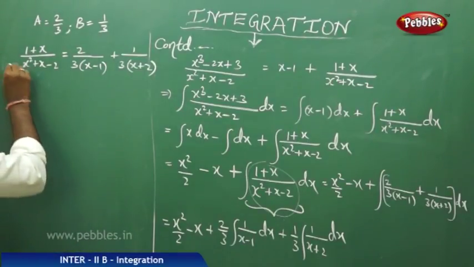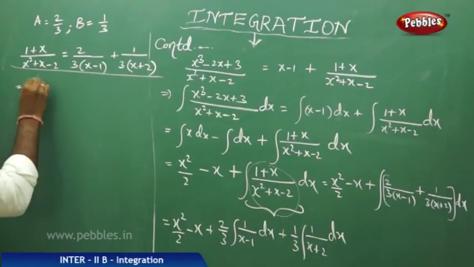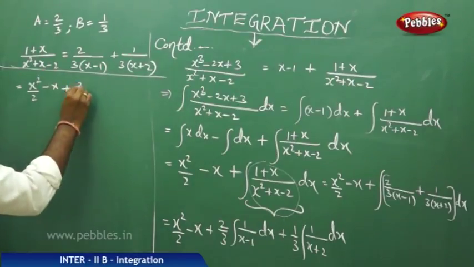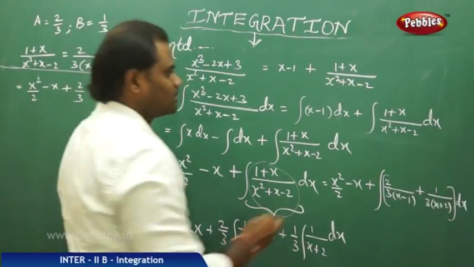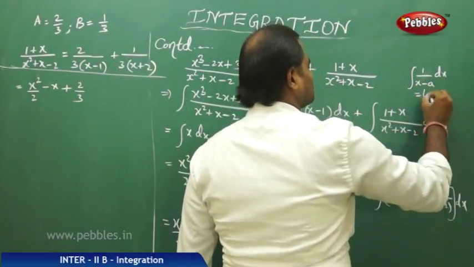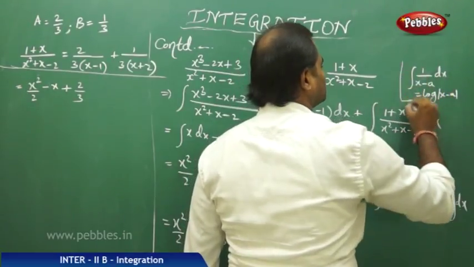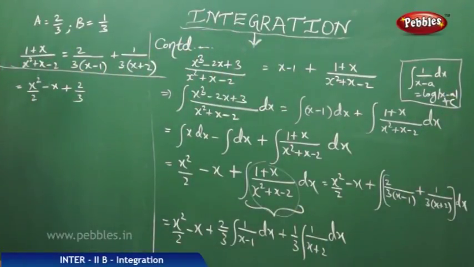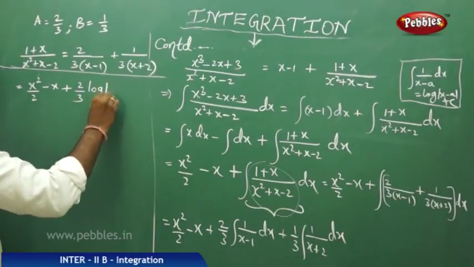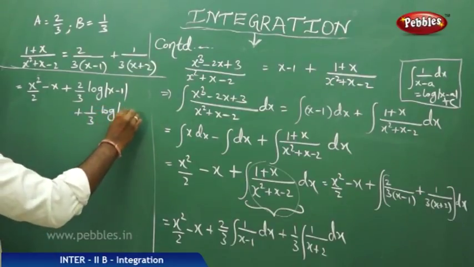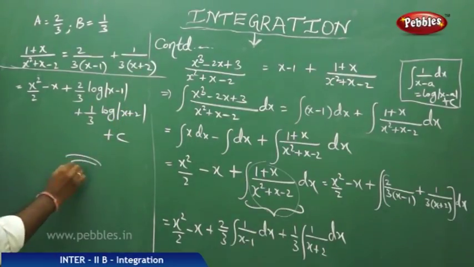Which is simplified, using x squared by 2 minus x plus 2/3 of, we know that the integral of 1 by (x minus a) is log mod (x minus a), and of course plus c. So the integral of 1 by (x minus 1) is log mod (x minus 1), and this is 1/3 log mod (x plus 2) plus c, which is how we obtain the integral.